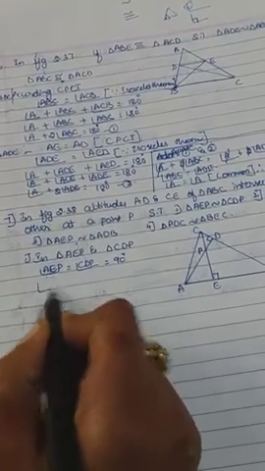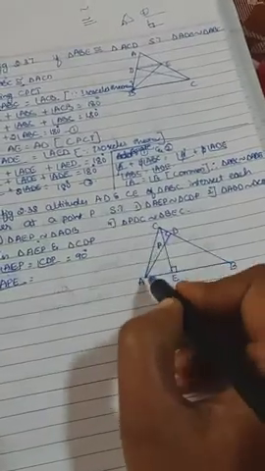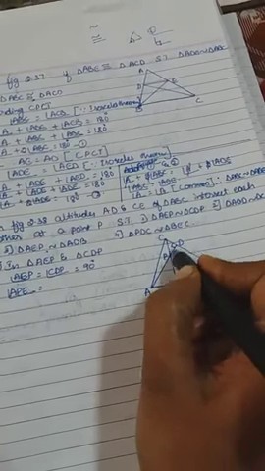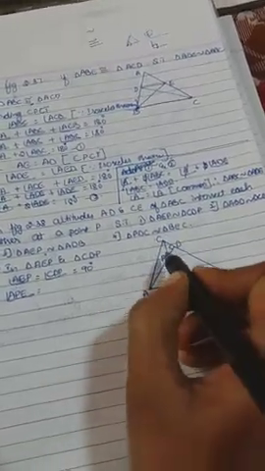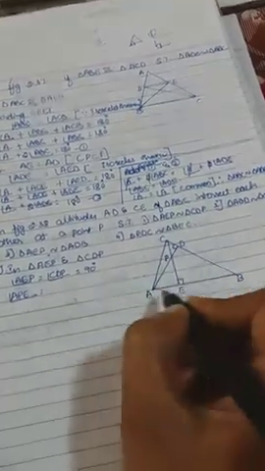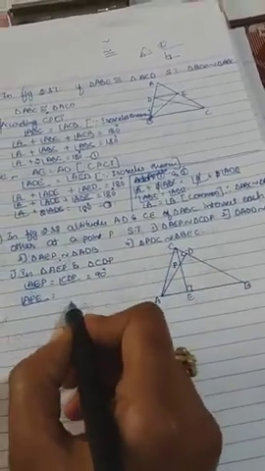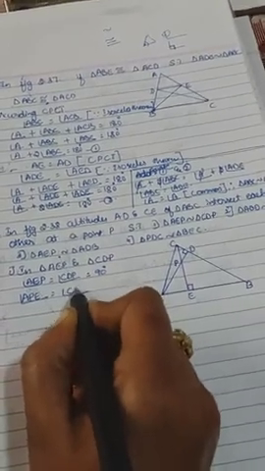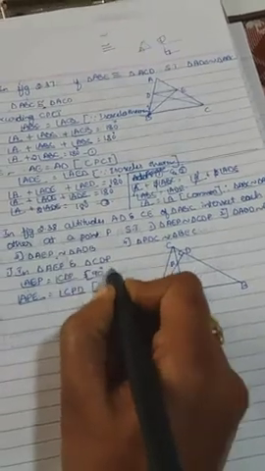And angle APE equals angle CPD, because both are vertically opposite angles. The angles which are opposite to each other are called vertically opposite angles. APE, or CPD, however we take it, angle APE equals angle CPD. Why?